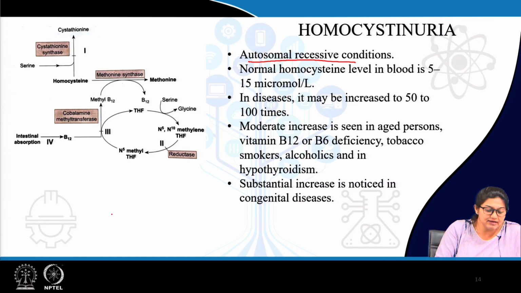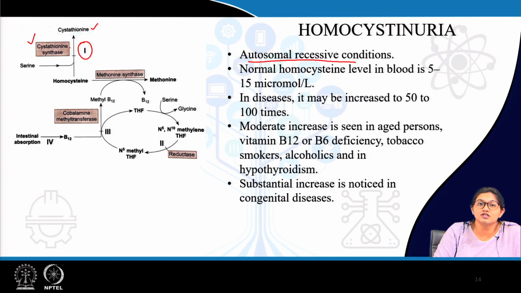So, here you can see homocysteine is basically formed from cystathionine with the help of the enzyme cystathionine synthase. Now, this enzyme, if defective, causes type 1 homocystinuria.